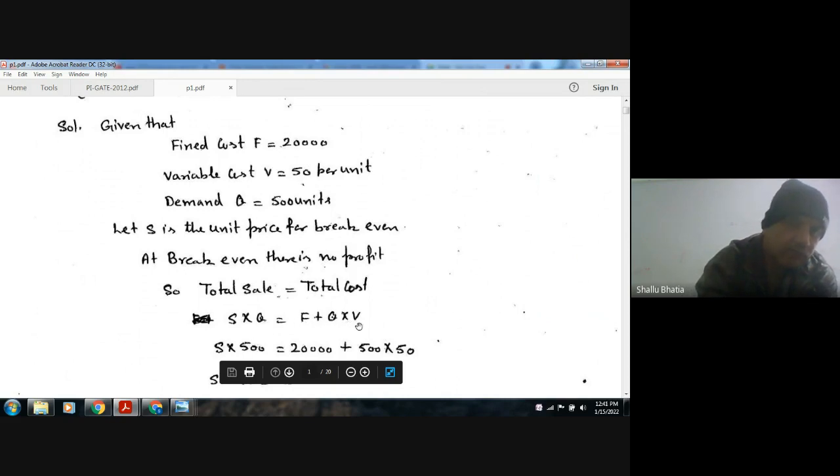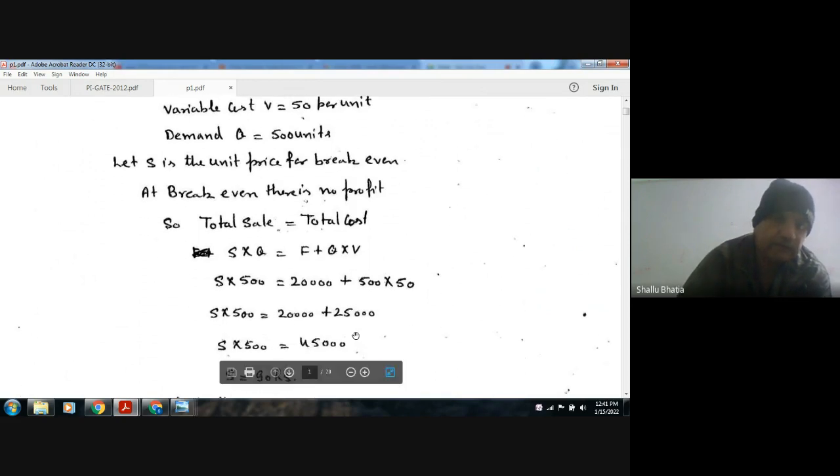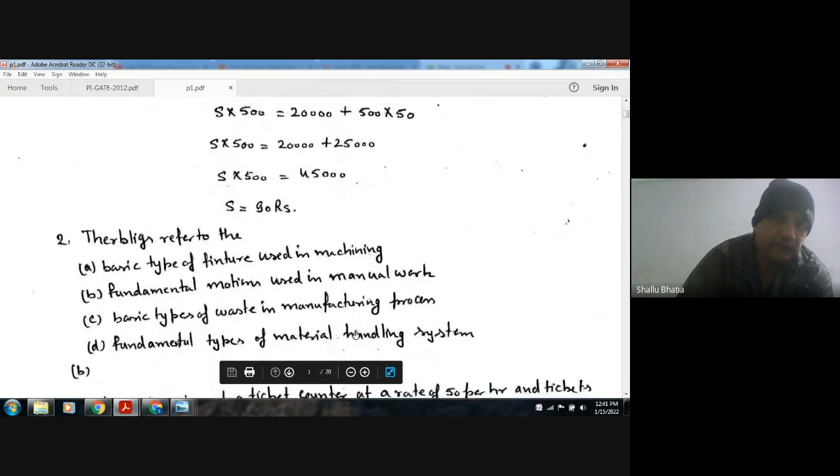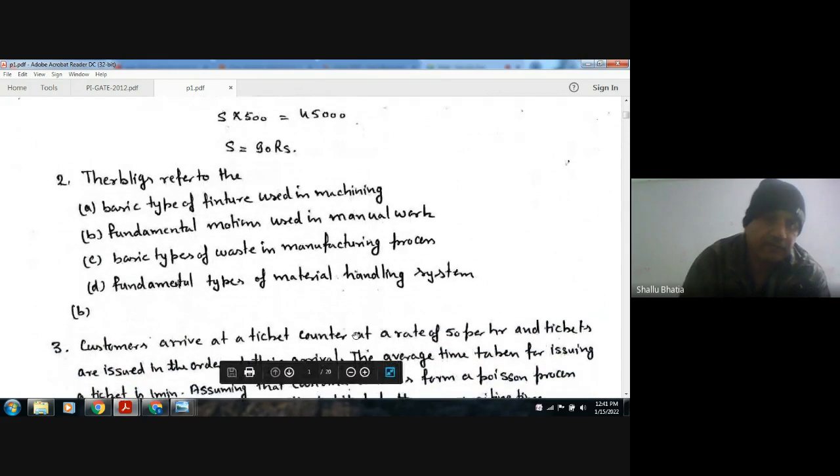Variable cost is P into Q. So equating these two, we can get the unit price. That is 90.